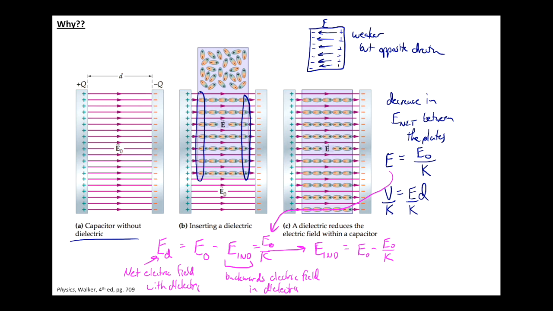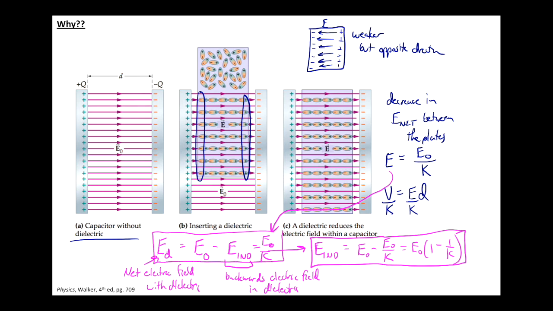And just for simplicity, let's factor out the E naught. Okay, so let's hang on to this equation. And we're also going to go back and use this equation in just a second. Okay? So we've got an equation for the final electric field, and then we've got an equation for the electric field between the two sides of the dielectric that goes backwards.